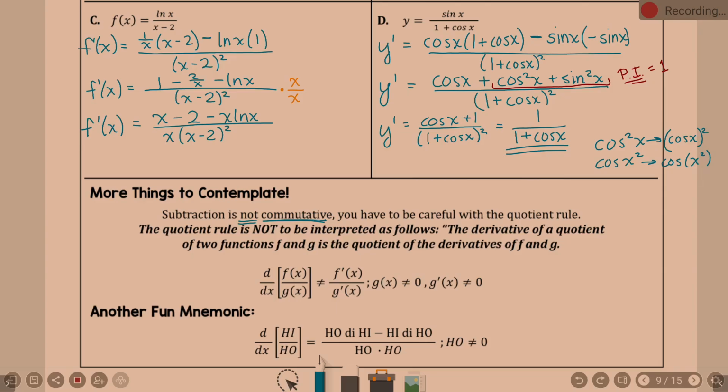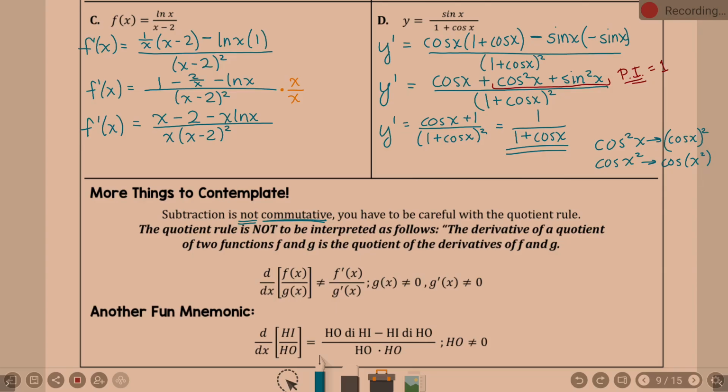Another fun mnemonic: derivative of high over ho is ho-de high minus high-de ho over ho-ho. And all of these, as long as the denominator does not equal 0, of course. I do kind of like the high D low minus low D high.